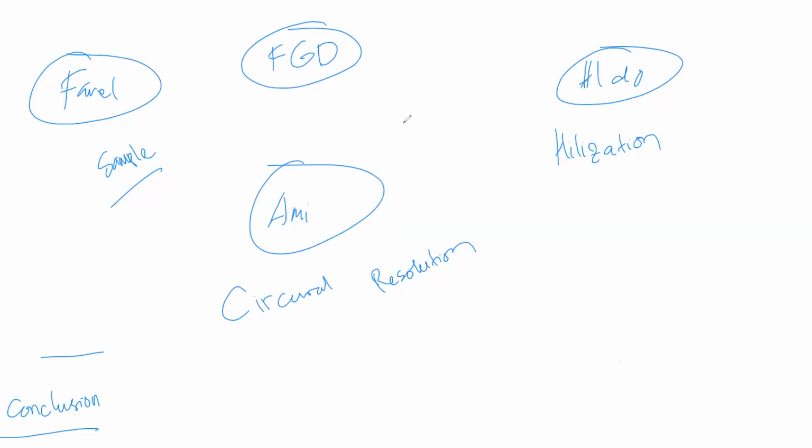Okay, circular resolution is one of the methods shareholders use to make decisions. It is used when the shareholders want to make a decision but cannot conduct a general meeting of shareholders.